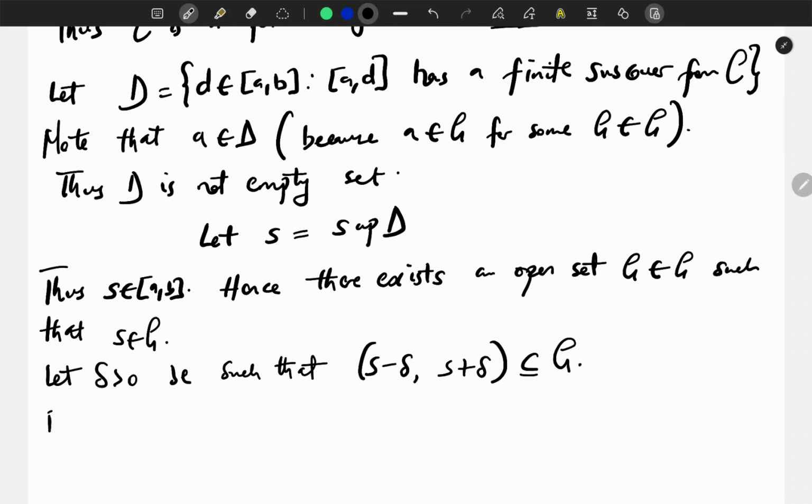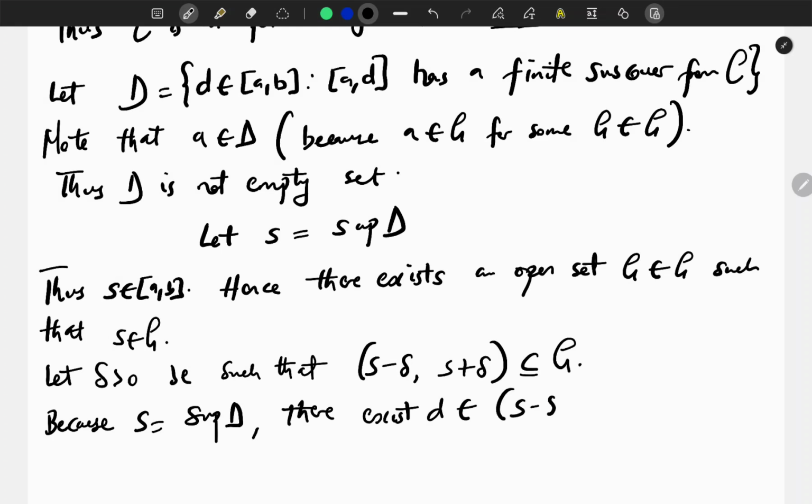Because x is equal to the sup of D, there exists a d that belongs to this interval (x − delta, x]. Since we assumed x to be the sup, there must exist a d that belongs to this interval.